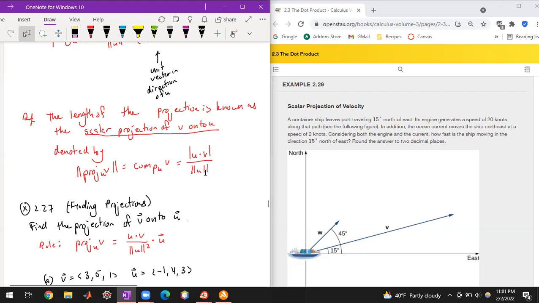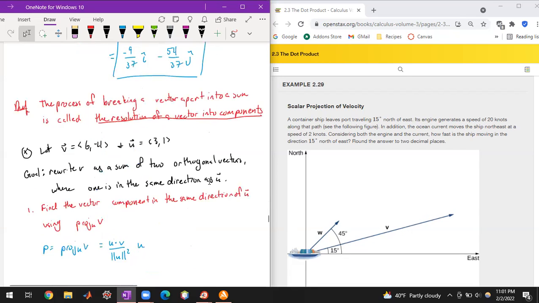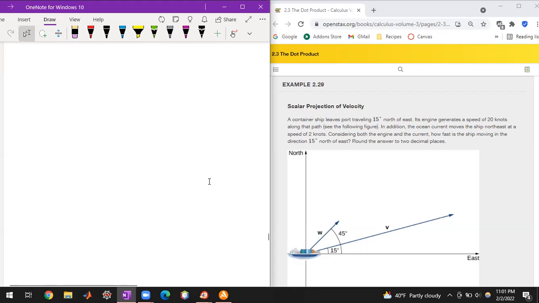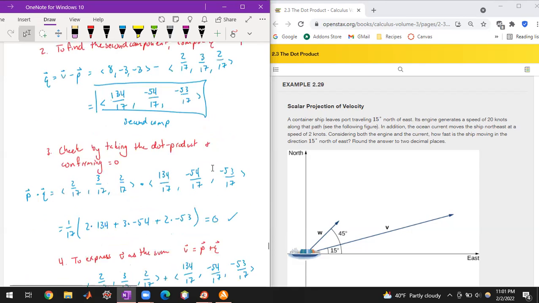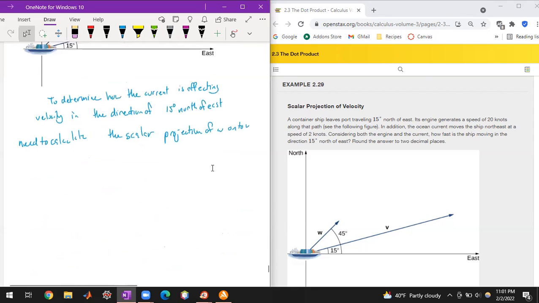Our subscript tells us exactly what our denominator is going to be. So the component of our vector W onto V is equal to the absolute value of their dot product divided by the magnitude of V.